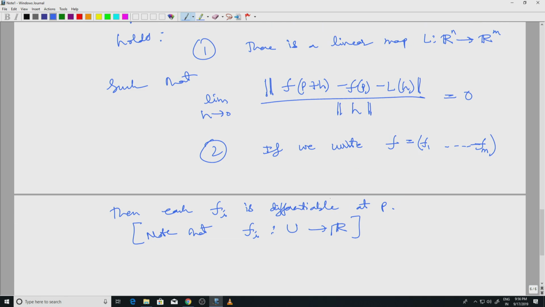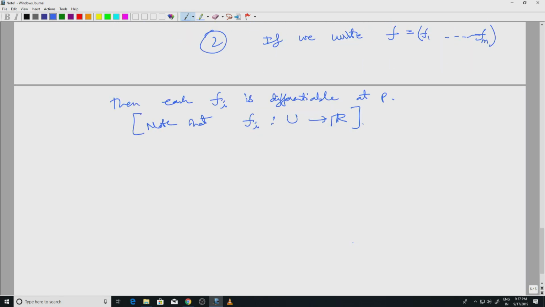In the second condition, I'm just mentioning the differentiability part. I'm not saying what the derivative actually is, but it's easy to see that this L, which is the derivative, if I look at it in terms of components, has components that are basically the derivative of f1, derivative of f2, etc. So I might as well write that.